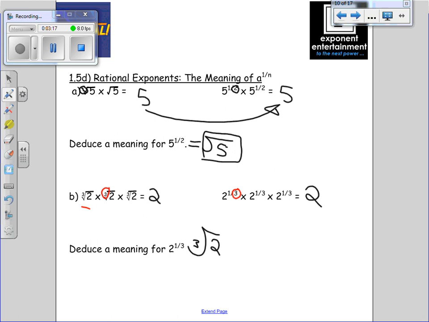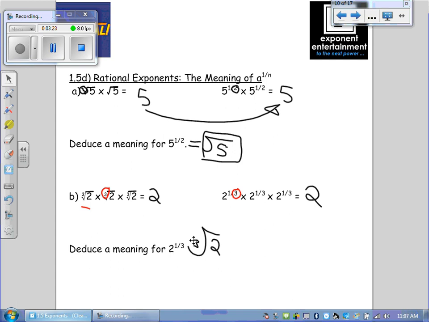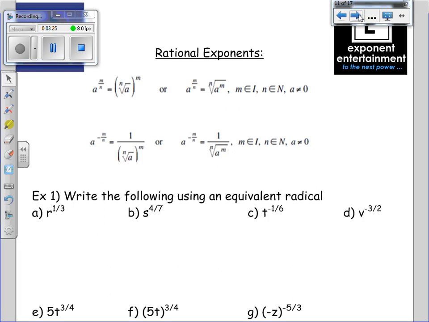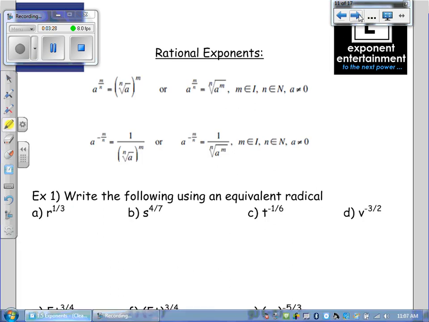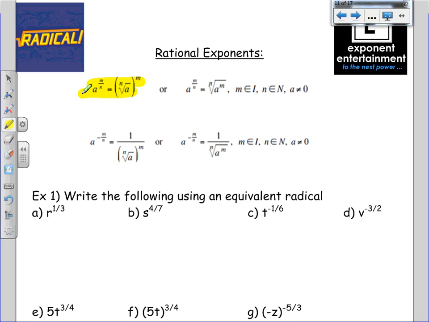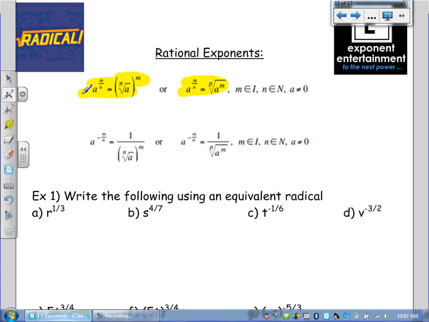Meaning that we have this beautiful law right here. I think the next slide actually shows it. All these laws. I'll explain the letters.